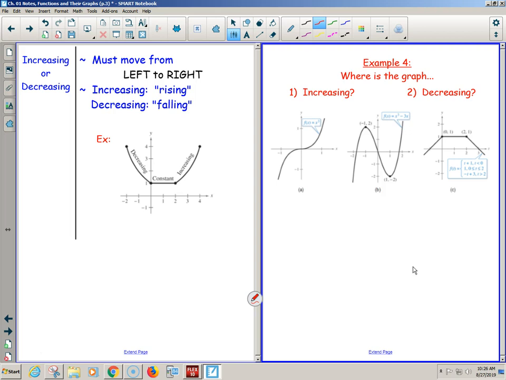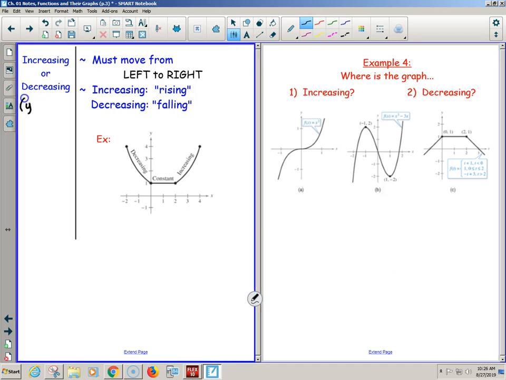But what I'm talking about with increasing or decreasing on a graph, I'm talking about function values. So if I'm talking about function values, I'm specifically talking about y values, aka I'm talking about heights. So what's rising, what's falling, what's increasing, what's decreasing are the heights.